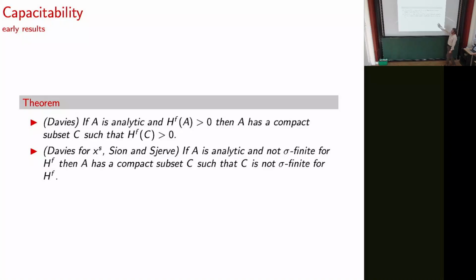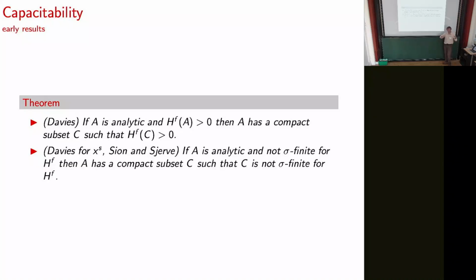So capacitability: if you have a measurable set of positive Lebesgue measure, it has a closed subset of positive measure. Okay, so Davies proved that, this is in the 50s, if A is analytic and has positive gauge measure, then it has a compact subset of positive gauge measure. This is for a single gauge measure F, so it looks like Lebesgue measure, except you have to work with analytic sets rather than arbitrary sets, and that's a reflection of the fact that these measures are not sigma finite.